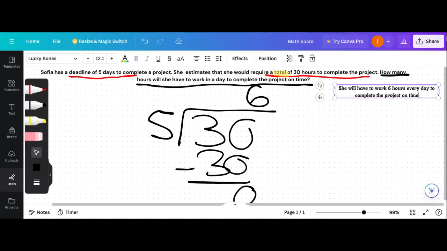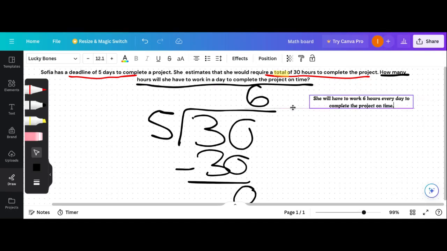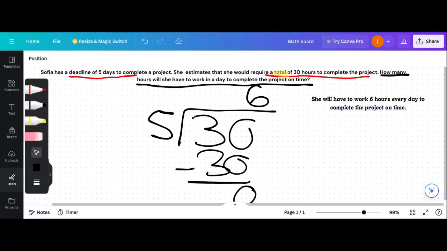And that is your answer sentence. It's just basing it off your question and what you got as the answer. So our answer is she will have to work 6 hours every day to complete the project on time.